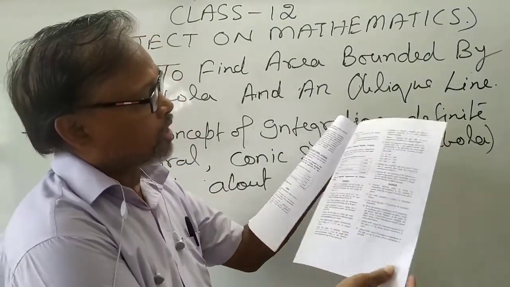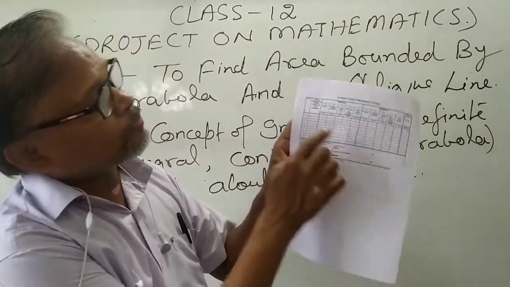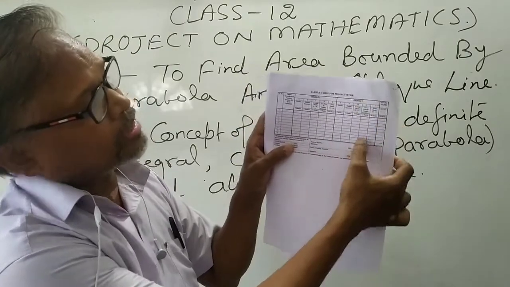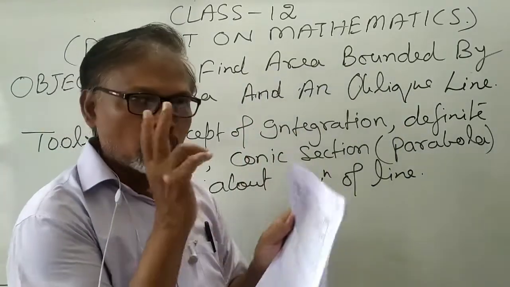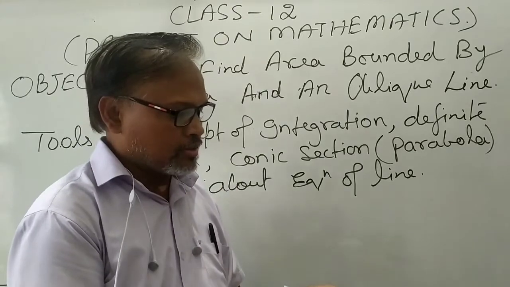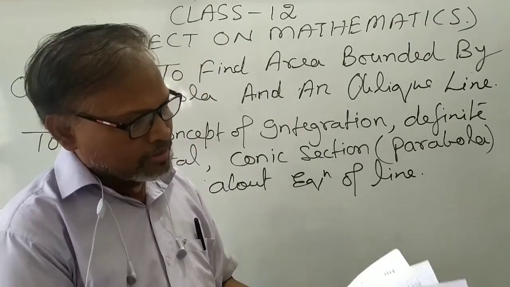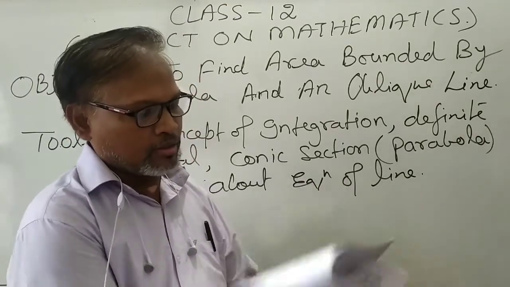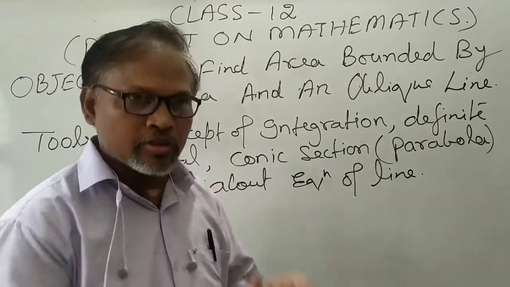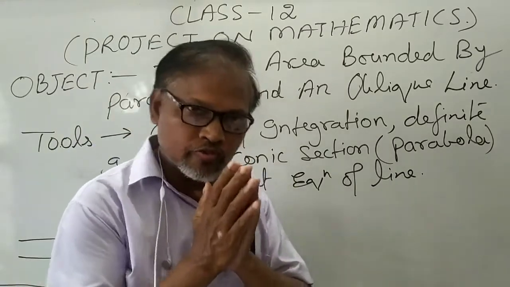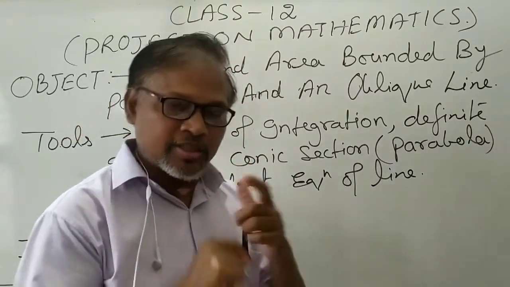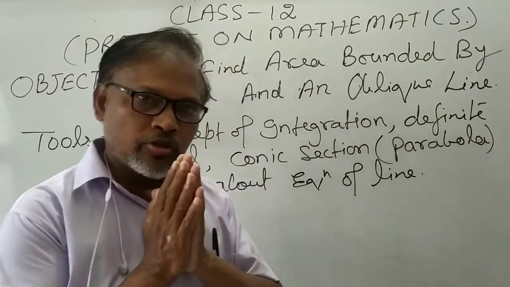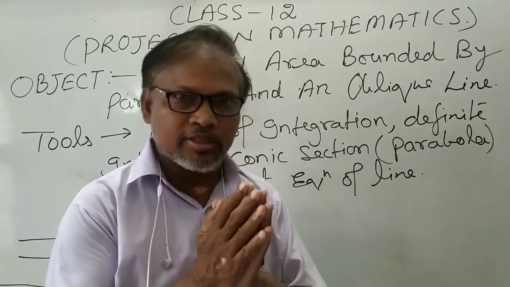Project 1 has 10 marks allotted, and project 2 again has 10 marks allotted. So you have to make two files for the projects, and the visiting examiner as well as the internal teacher will assess you and give marks out of 20, and then it will be sent to the council.